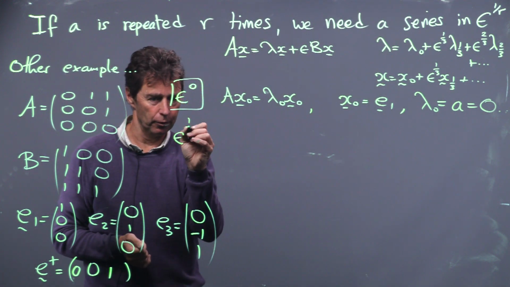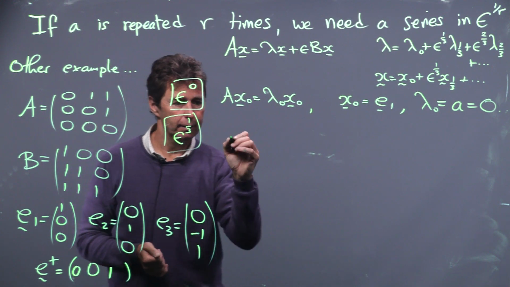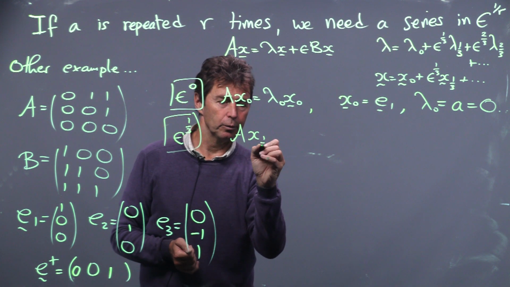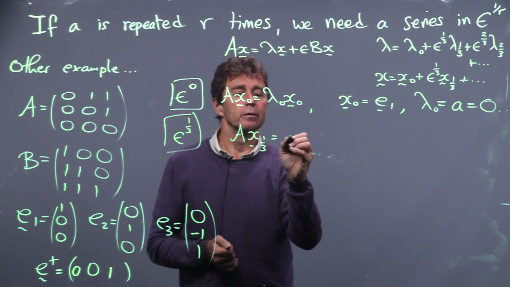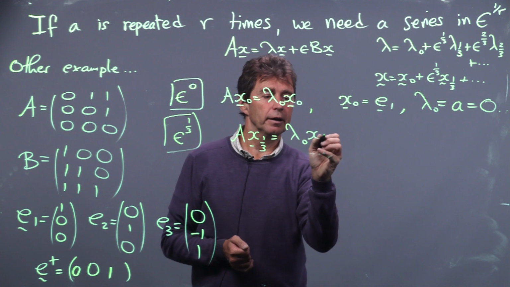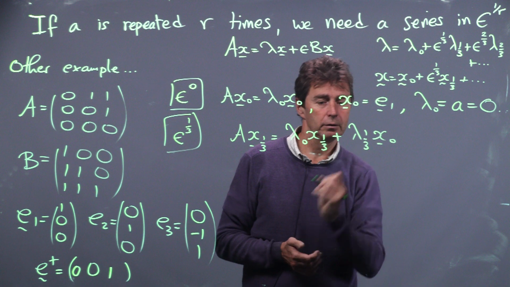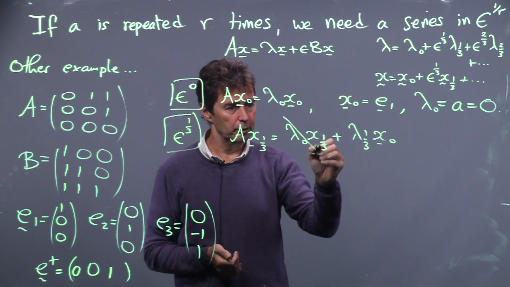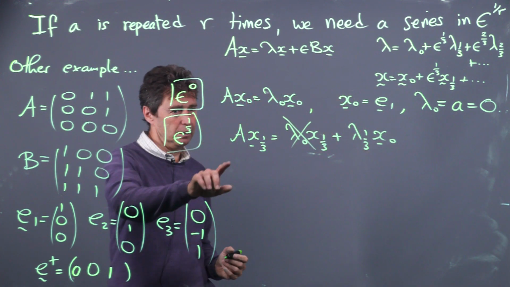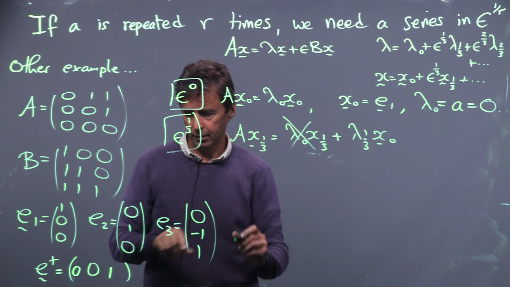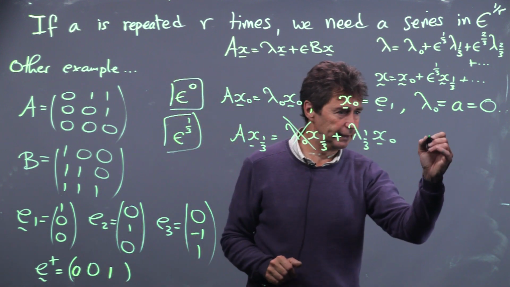Now I go to 1/3 powers. And I get A x 1/3 equals lambda naught x 1/3 plus lambda 1/3 x naught. This is actually 0 because lambda naught is 0. And I have the equation satisfied by E2.